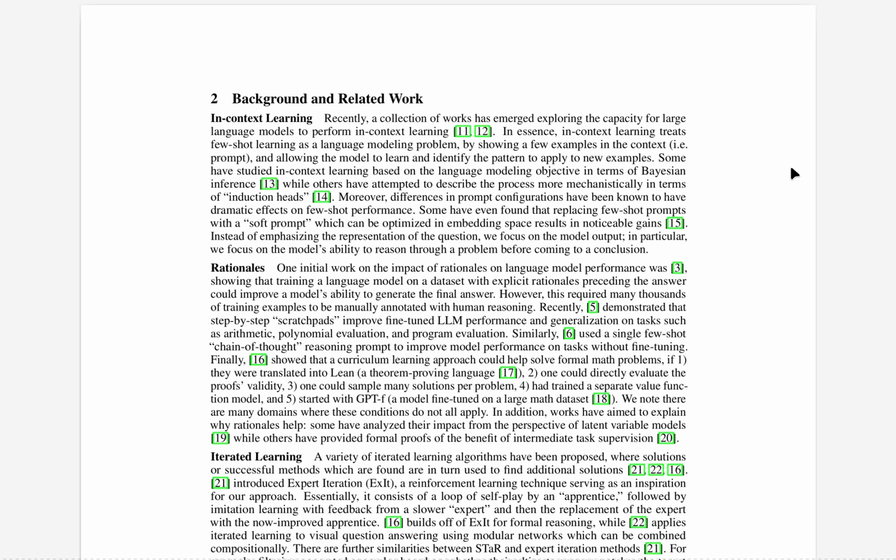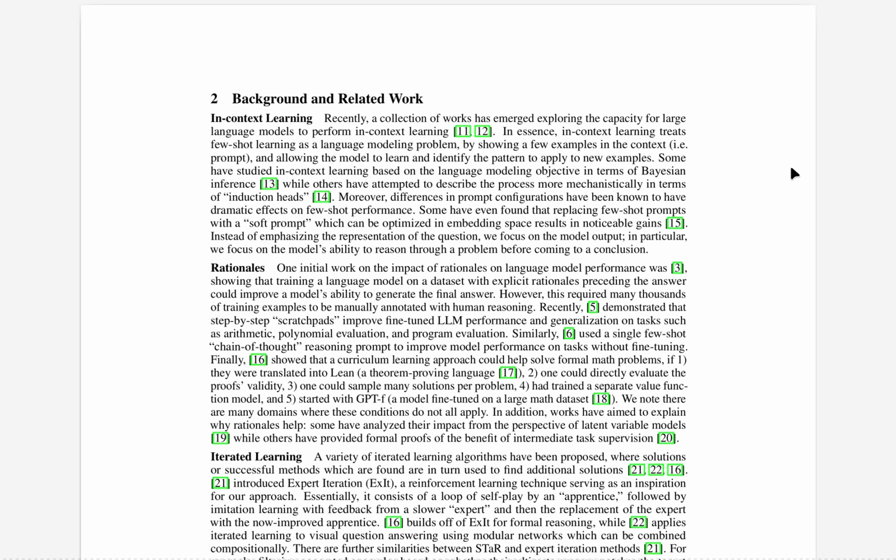Recent work demonstrated that step-by-step scratchpads improve fine-tuned LLM performance and generalization on tasks such as arithmetic, polynomial evaluation, and program evaluation. Similarly, another work used a single few-shot chain of thought reasoning prompt to improve model performance on tasks without fine-tuning.